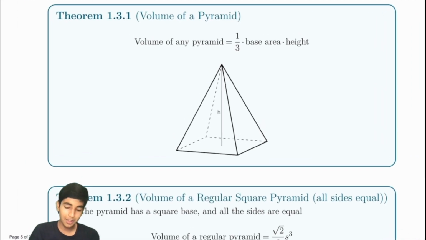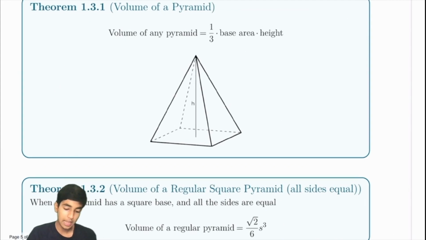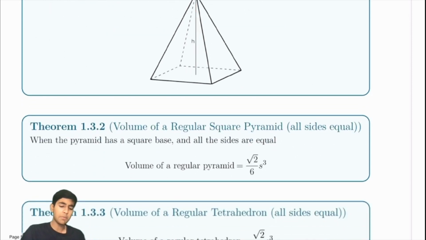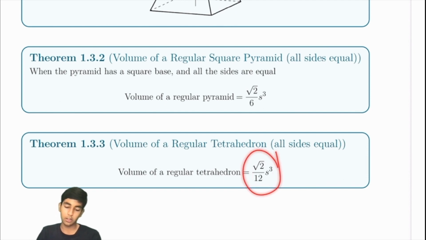Now let's talk about some pyramids. The volume of any pyramid is 1/3 times the base area times the height. And so it's very similar to a prism, base area times height, except now there's a 1/3 factor. There's a formula you can memorize, it's not needed, but the volume of a regular square pyramid is √2/6 s³, and a regular tetrahedron or triangular pyramid, √2/12 s³.